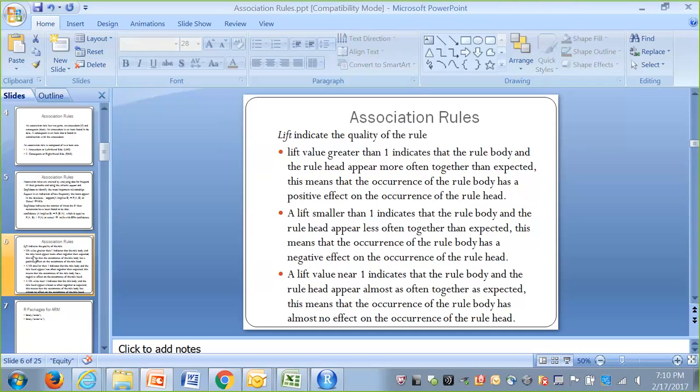When they appear more often together than expected, this means that the occurrence of the body rule has a positive effect on the rule head. The inverse on a smaller number, so a lift that's smaller, indicates the opposite, and a lift that's near 1 basically says those two appear randomly, and there's no really significant effect on the head or the body.